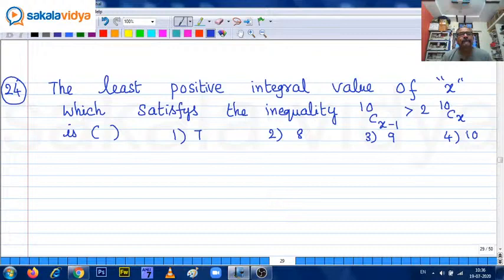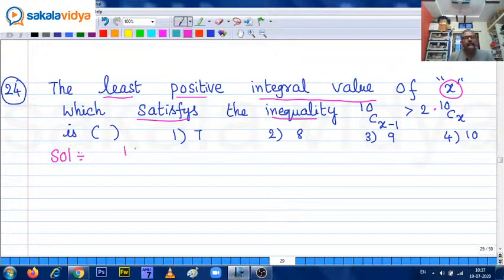The least positive integral value of x which satisfies the inequality 10C(x minus 1) greater than 2 times 10Cx, we need to find out. That means, let us solve it now.